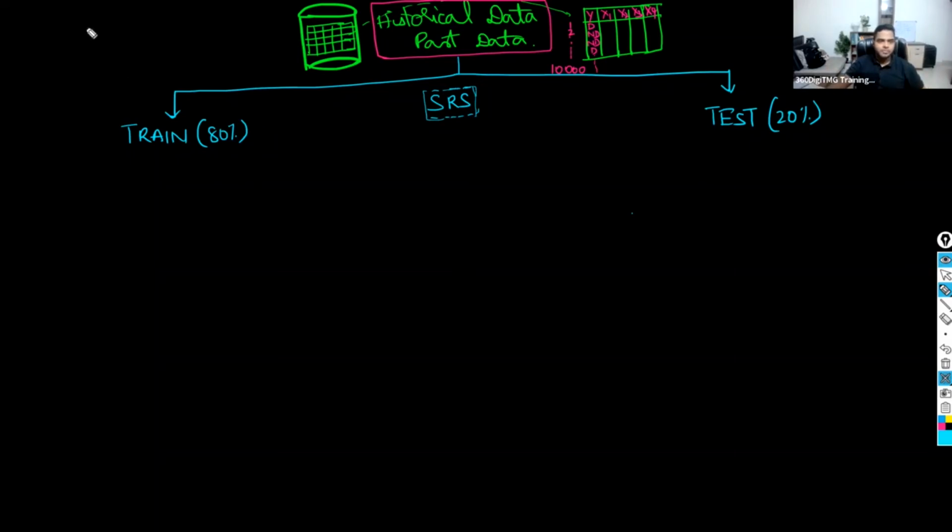For instance, let me draw the table here, the data set, with the output variable and input variables.